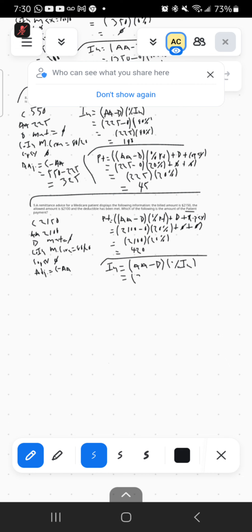The allowed amount is 2100 minus 0 times 80%. And that is 2100 times 80%, which is 1680. Yeah. Ugly numbers.